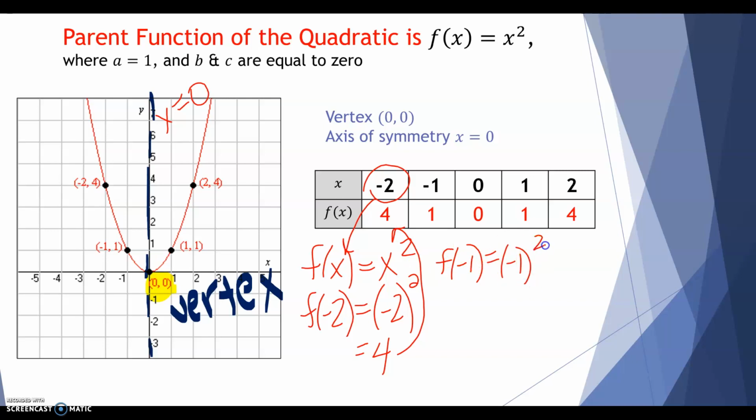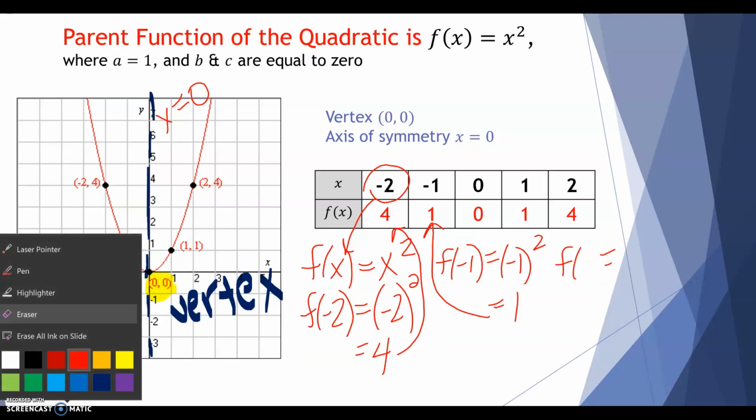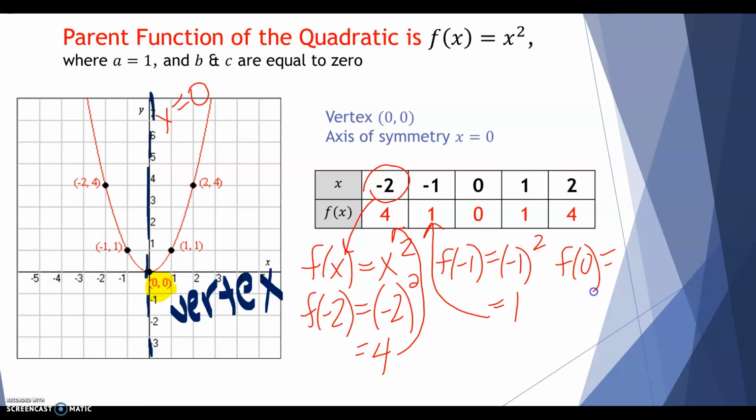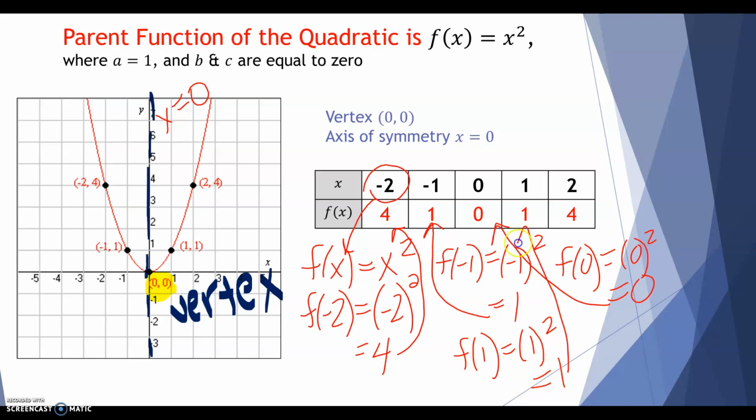So you have -1 squared. That would give you 1. Oh, look, there's your 1. Then you do f of 0, and you plug in 0. So all this is you're plugging in your values and you get 0. Now if I repeat this and I do +1 squared, you're still going to get 1.